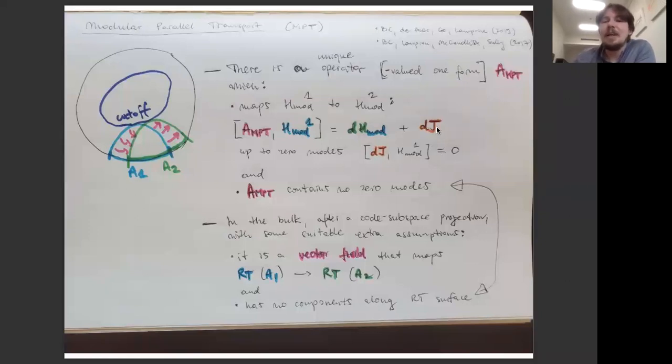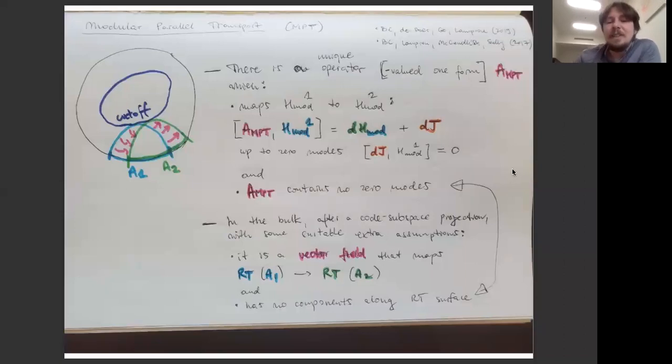Now, its zero mode cannot be generated through a commutator, so this is something that this operator-valued one-form, A_MPT, can never accomplish, so I have to just add it by hand. If I further impose the constraint that A_MPT, the operator-valued one-form which generates modular parallel transport, itself contains no zero modes of H mod, then we get a unique object with these constraints.